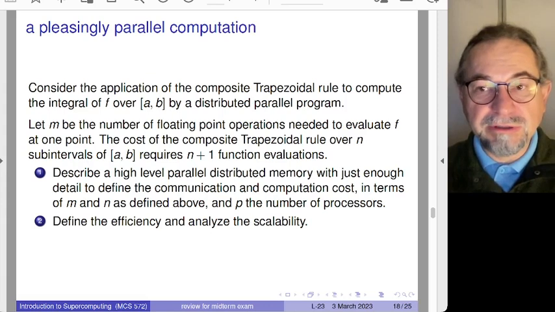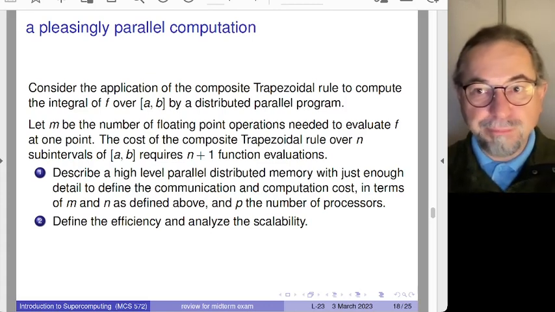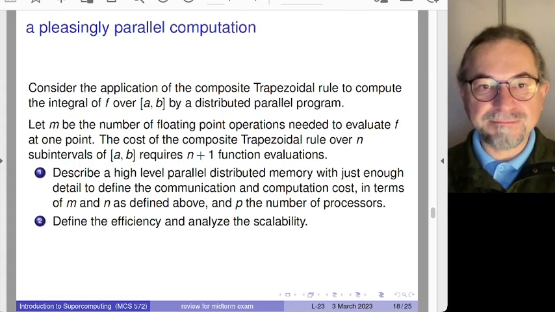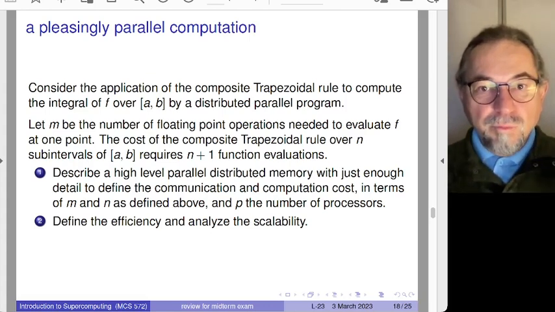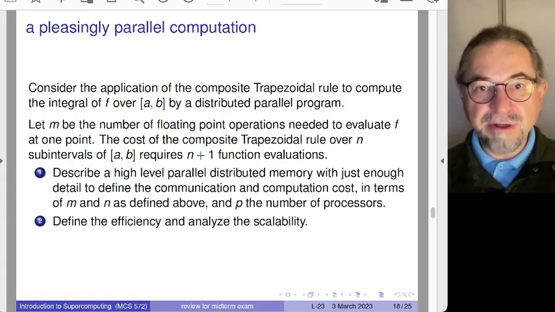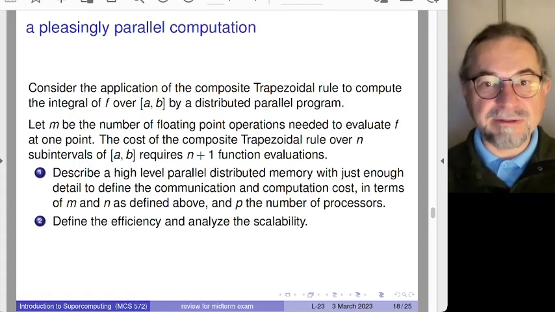Although one could see that this is easily a pleasingly parallel computation, the minimal communication cost is that every processor sends the results back to the manager. Here we are in a single program, multiple data environment, where you could have every node compute, given A, B, and N, where every subinterval begins and ends.